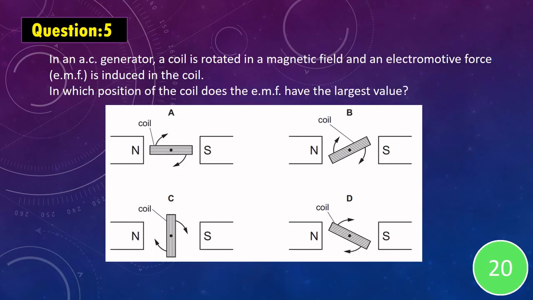Try this last question. In an AC generator, a coil is rotated in a magnetic field and an electromotive force is induced in the coil. In which position of the coil does the EMF have the largest value? Your time starts now.